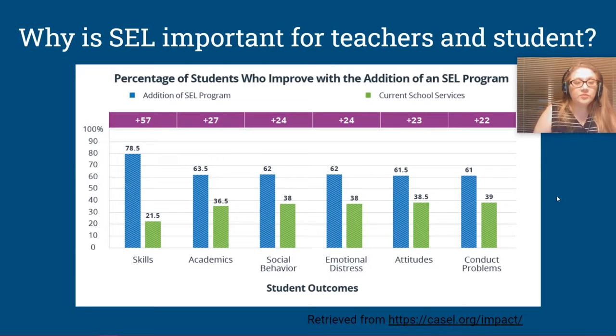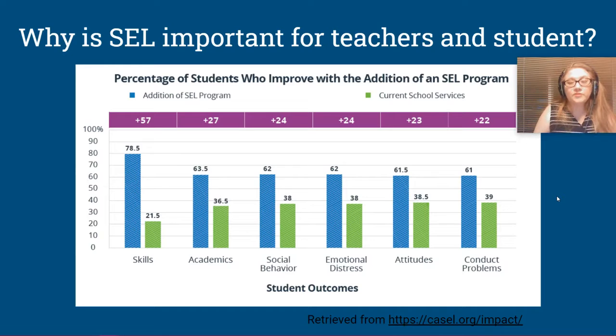And for their skill level, there is a 57 percentage point jump. For academics, there is a 27 percentage point improvement. Both social behavior and emotional distress, students are able to interact with each other and handle their emotions in a way that benefits them.